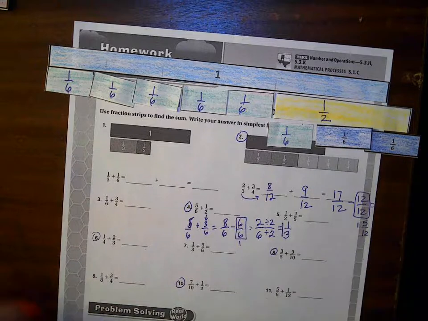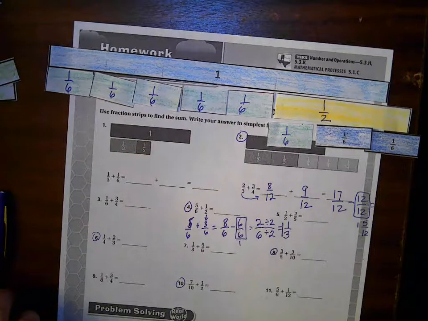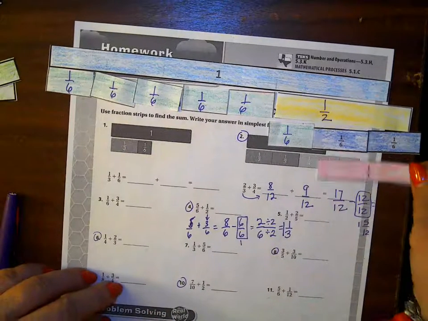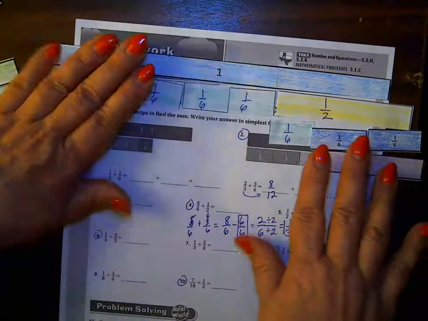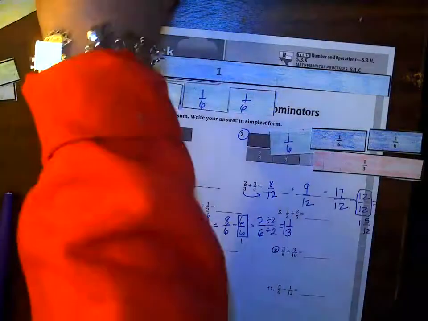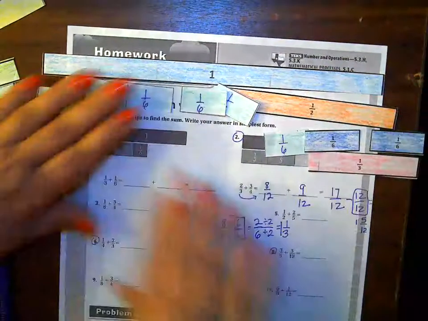If I look here, if I go to my 1/3, I think I'm going to switch this out with this one here, and then switch these with the other one.